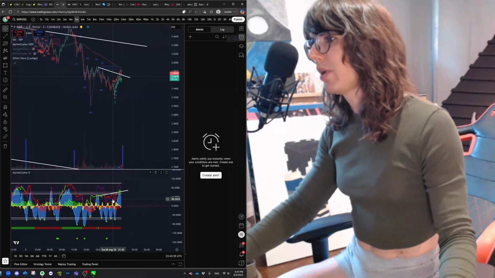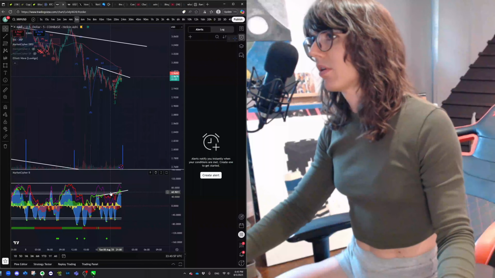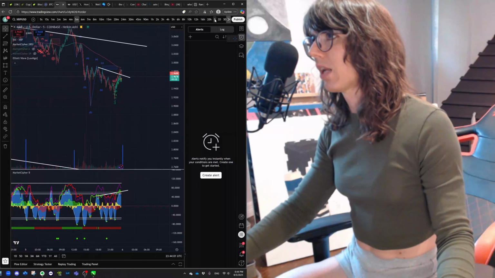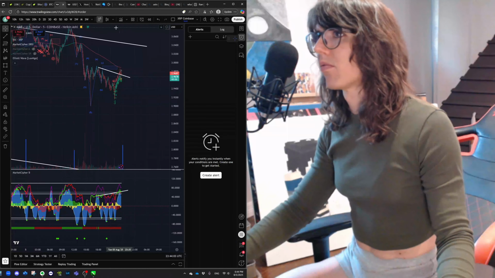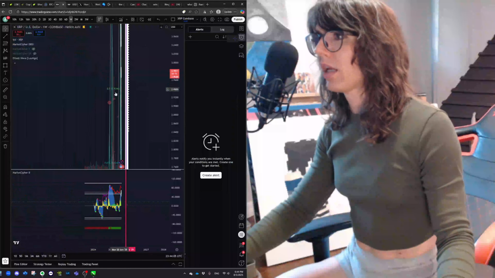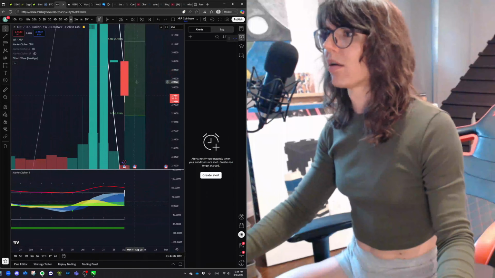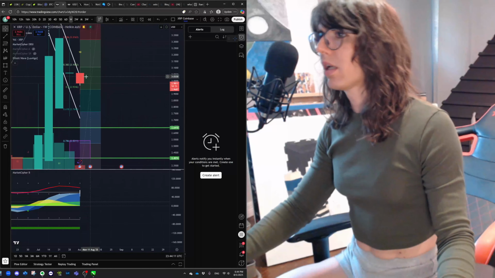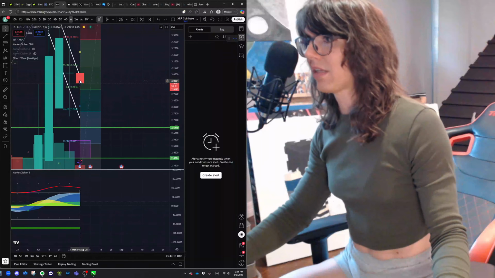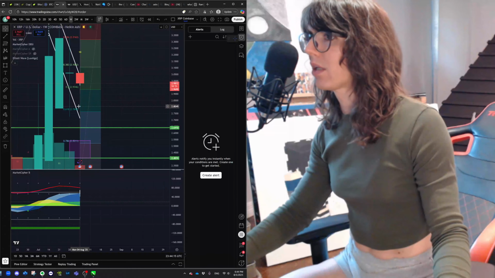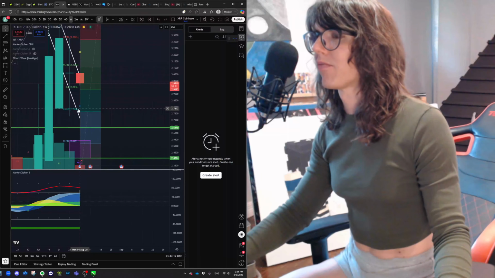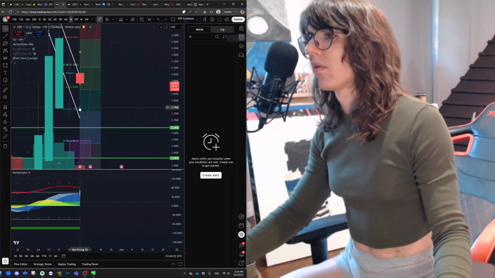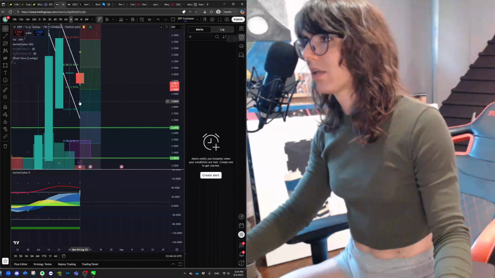in anticipation of this moving downwards and getting a weekly candle, because there's 5 days left on this weekly candle. Getting a weekly candle that comes down to here and closes down here, or at least over here at 284.